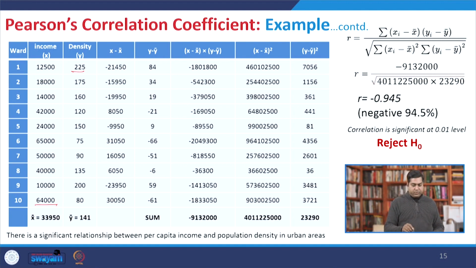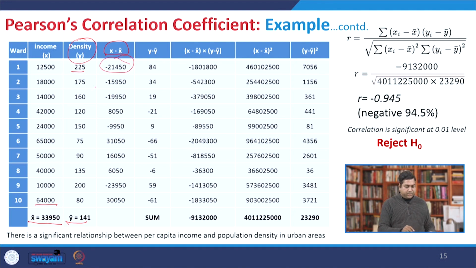First, you have to find the difference between the individual value of each variable and its corresponding mean value. So, suppose income is x and density is y, where y is the dependent variable as we mentioned. We calculate x bar and y bar, the mean income and mean density, and then we find the differences.